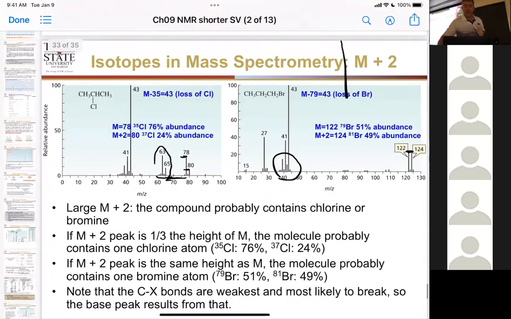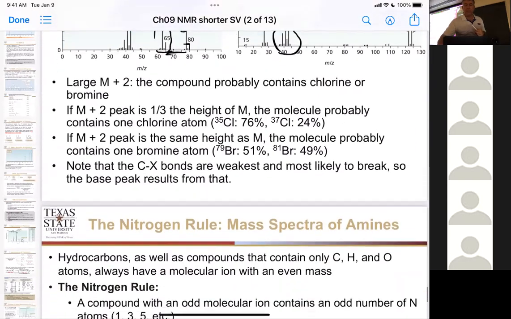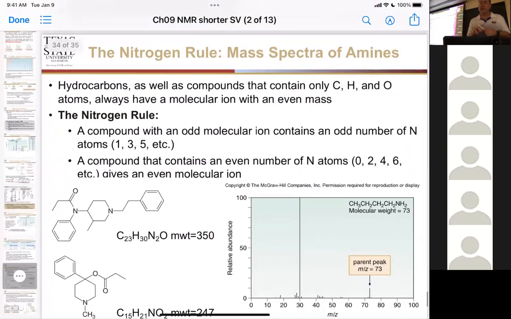Isotopes, okay. So this is really important here. The last thing is actually called the nitrogen rule. It's pretty cool. It turns out most of the time when you do a mass spec, you're going to get an odd number. Now, if you end up with an even number, chances are you have an even number of nitrogens in there.